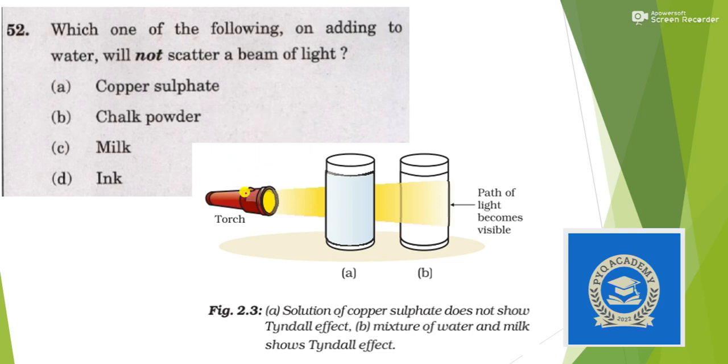I took this image from the second chapter of class 10 NCERT. A solution of copper sulfate does not show the Tyndall effect. That means it cannot scatter a beam of light. So the answer should be option A. All the others, whether chalk powder, milk or ink, can scatter.